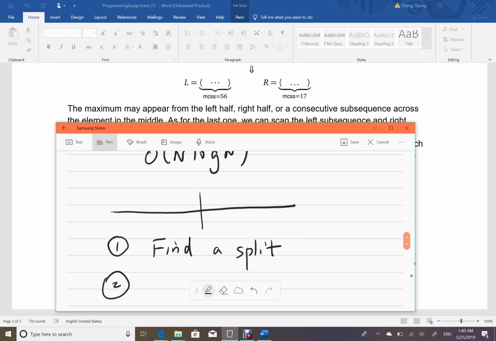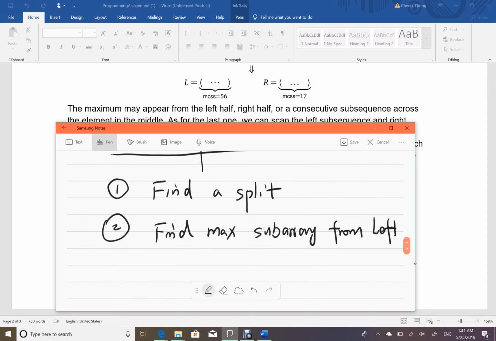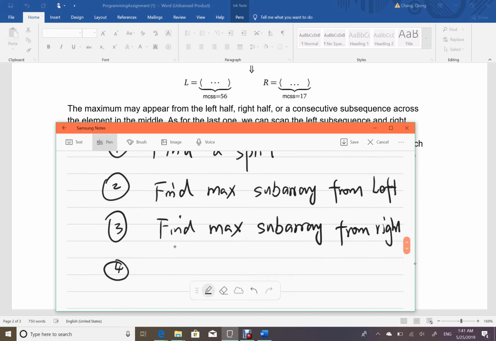Second step, we find the maximum subarray from the left side. And third step, find the maximum subarray from the right side.